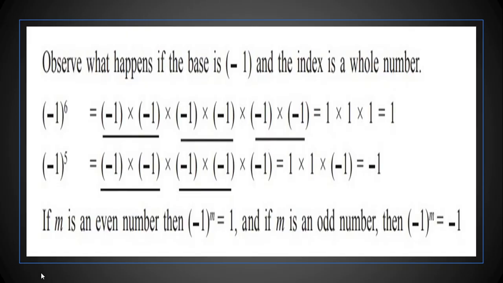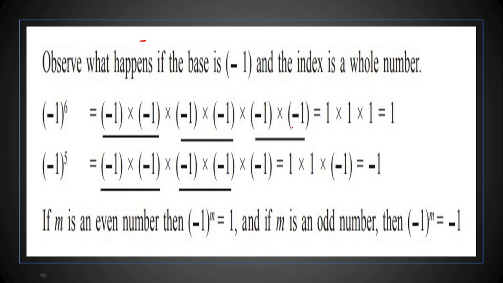Then one more thing regarding the integers. Integers means you have signs with them. Here especially we will be dealing with the minus sign. Observe, children, what happens if the base is minus 1 and the index is a whole number. Here we have minus 1 raised to 6. It means you have to multiply minus 1 six times.